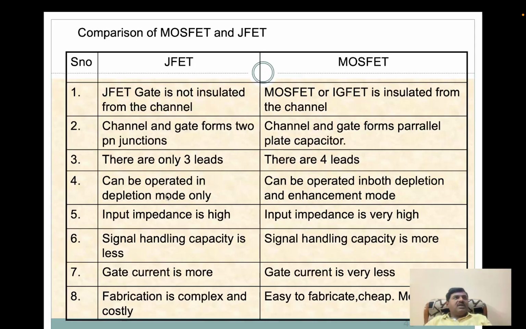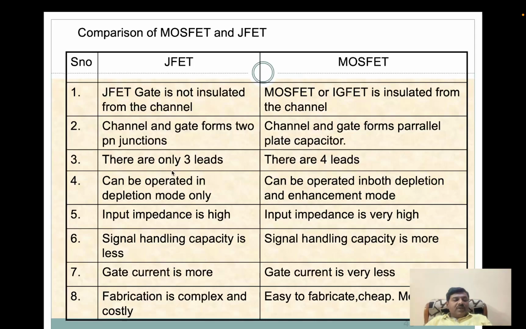The JFET can be operated only in depletion mode, whereas the MOSFET can be operated in both depletion as well as enhancement mode. If you apply positive and negative voltages, depending upon the voltage applied, you can make the MOSFET operate in either depletion or enhancement mode.